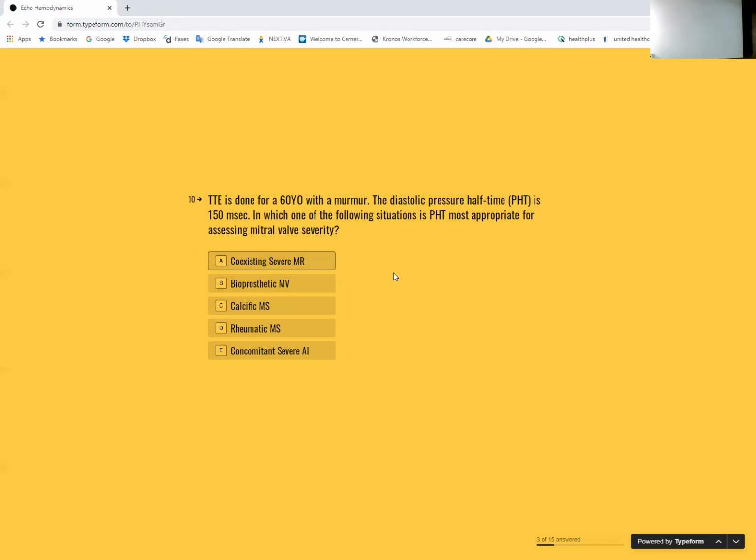Use the mean gradient as a marker. The peak velocity across the mitral valve is extremely important. The pressure half time being a little bit longer is consistent with valve dysfunction. You can't really use it to calculate severity. So the answer actually is rheumatic mitral stenosis.